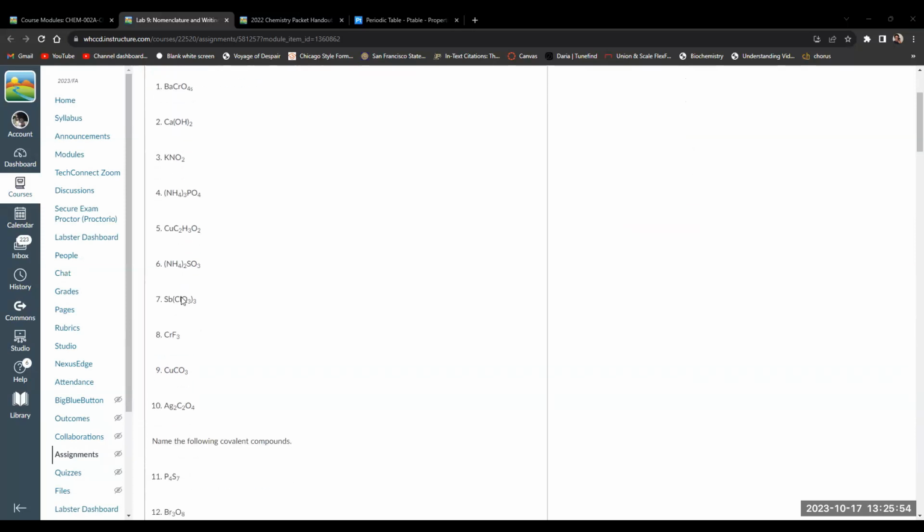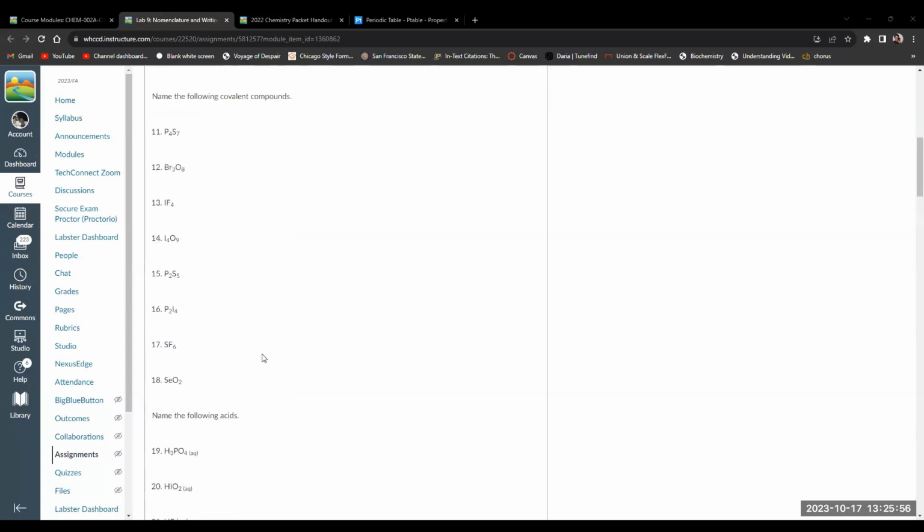So let's go to covalents since we have that rule fresh in our head. One thing that makes covalents different than ionics is that covalents are actually two nonmetals bonding.